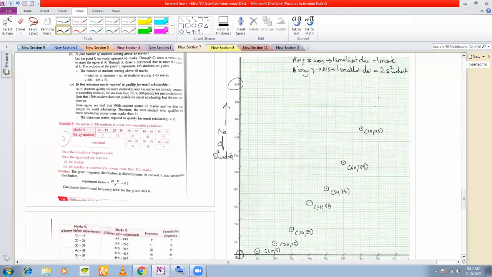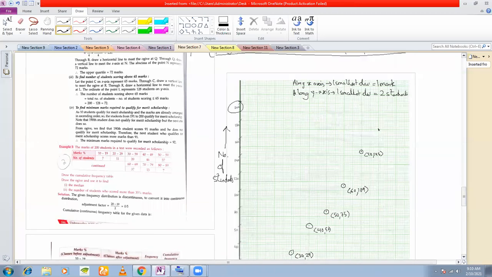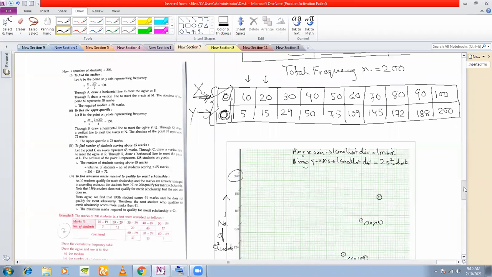So let's locate 170. 170 is halfway between 160 and 180. So this is your 170 mark, and you are required to locate 172. So this should be just one division above the halfway mark, that is 6 divisions above 160. This is your 80, 172.